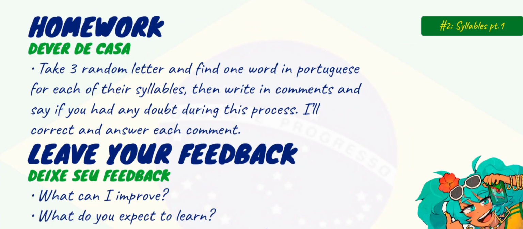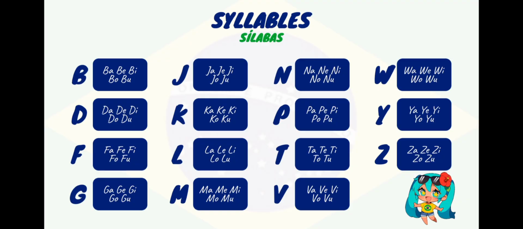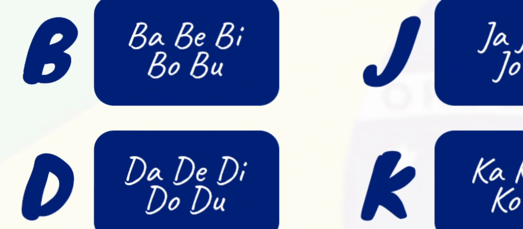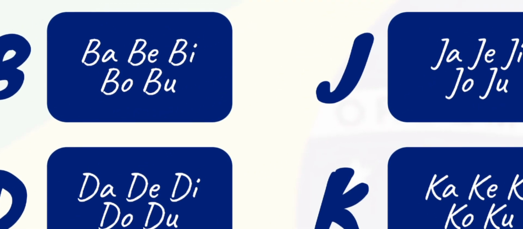For the homework, I will leave you with one mission. Take 3 random letters and find one word in Portuguese for each of their syllables. Then write in the comments and say if you had any doubt during this process. I will correct it and answer each comment. So if you picked B, L, and P, we have the B, we have ba, be, bi, bo, bu.